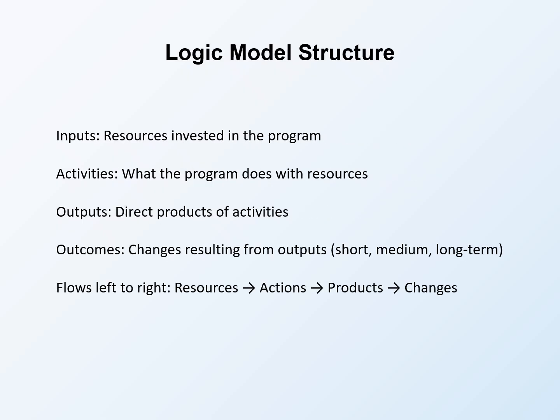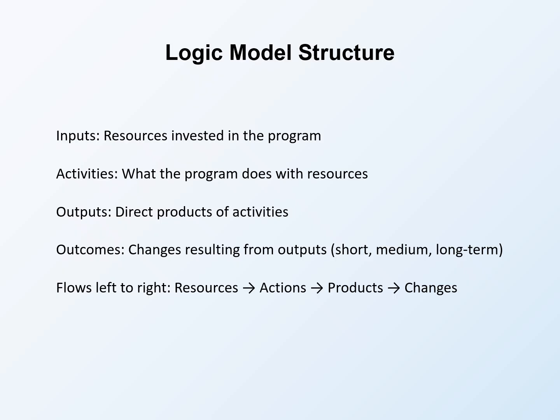Let me orient you to the logic model structure. It flows from left to right, from resources to results. On the far left are inputs, the resources you invest in the program: money, staff, materials, partnerships. Next are activities, what the program does with those resources: training sessions, outreach visits, materials distribution.